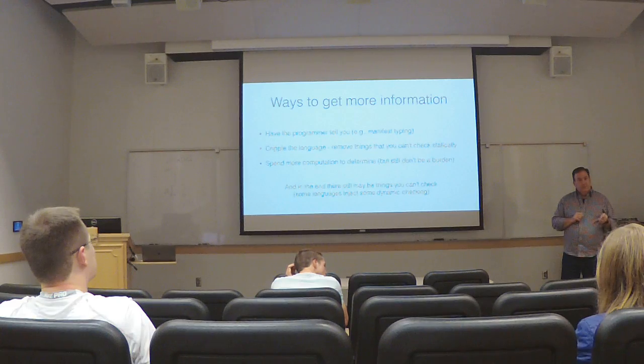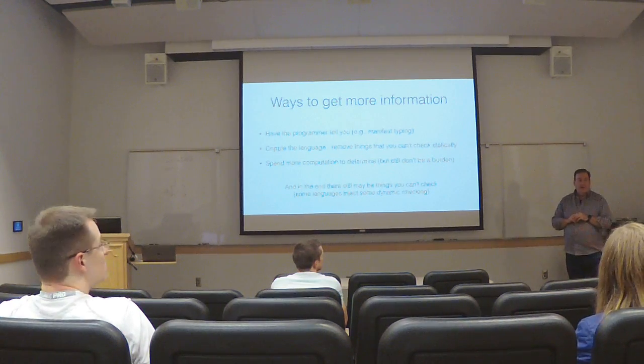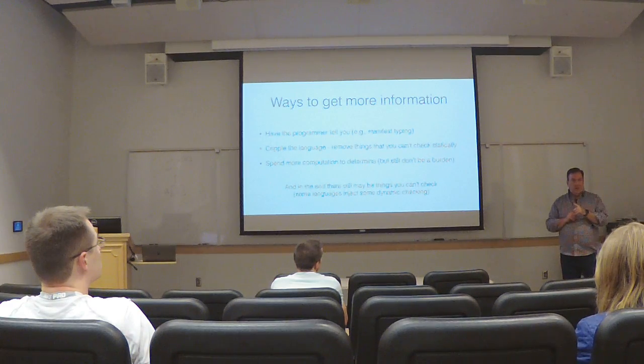What about Java, though? Will Java complain about that at compile time? Not quite. Doesn't it throw an index out of bounds exception? Yeah, but when does it throw it? At runtime.